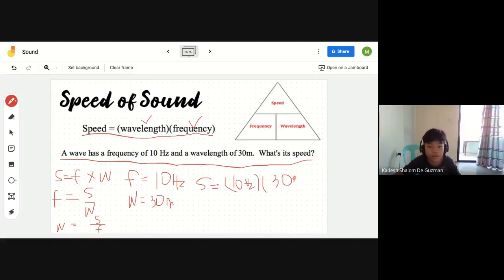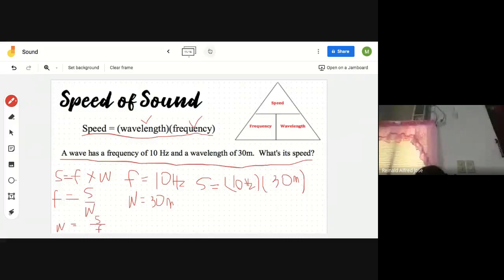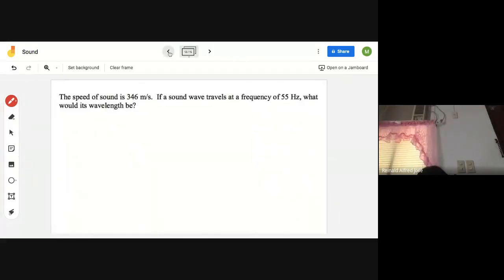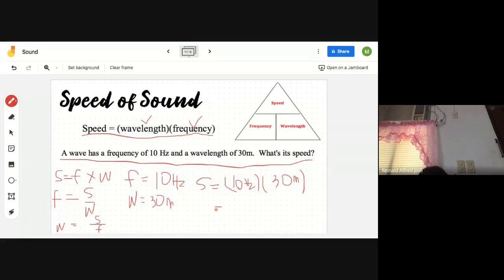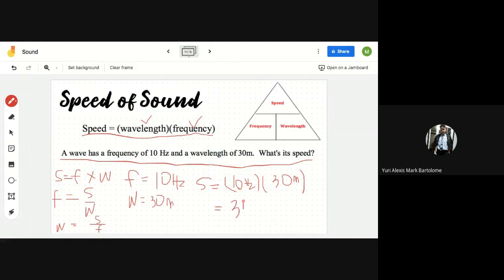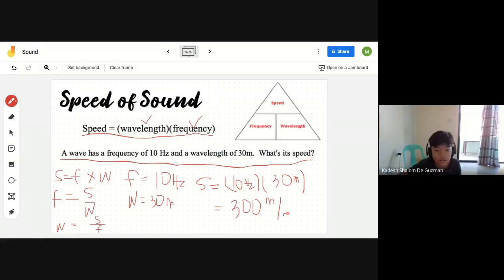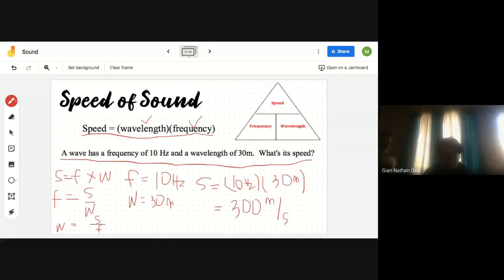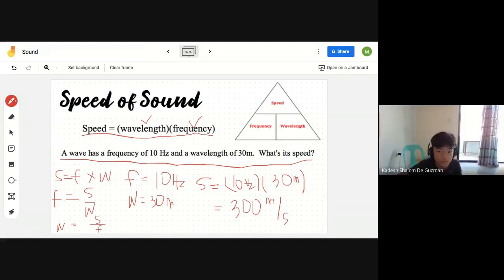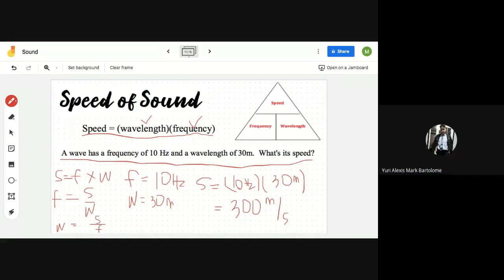300. Wait lang ah. 300 hertz per second? 300 meters per second.